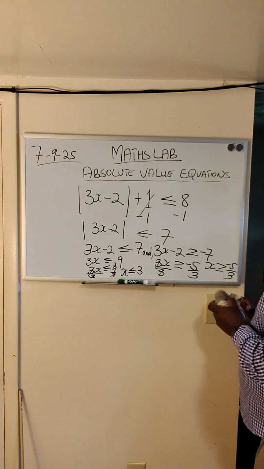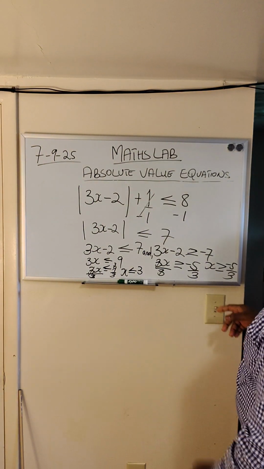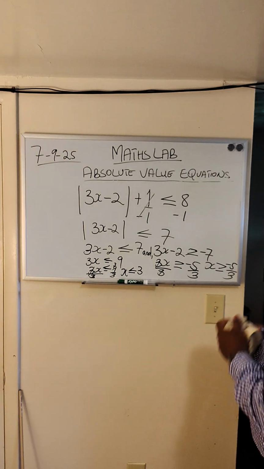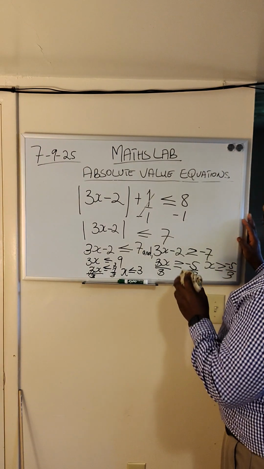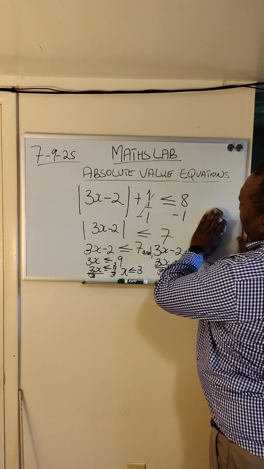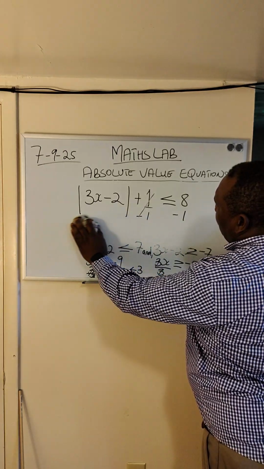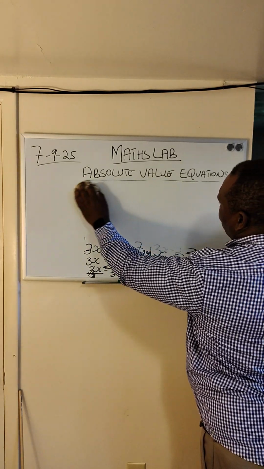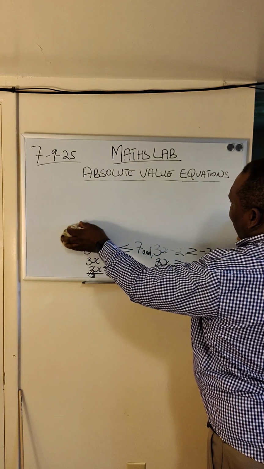Remember, the answers are x is less than or equal to 3, or x is greater than or equal to negative 5 over 3. Those are our two answers, and we are going to draw a line to graph them up.